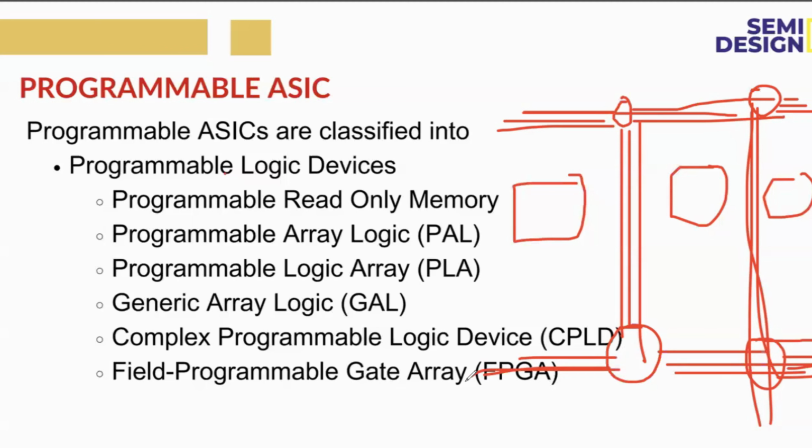So how will we make the connection from this logic block to this logic block? We need to make the connection through the switches and the interconnects. So these are the interconnects and the switches, right?